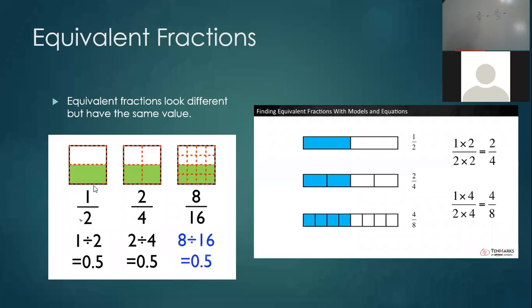This is telling me that these are the same quantity. But let's think about this in terms of a pizza pie. So you go to Pizza Hut and you get one of those small pizzas, and it has 4 slices.